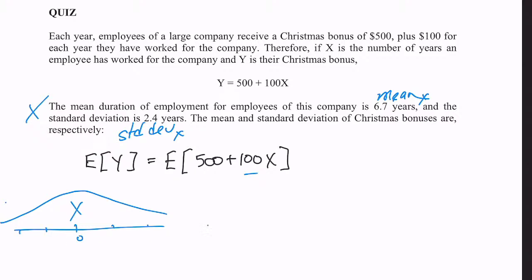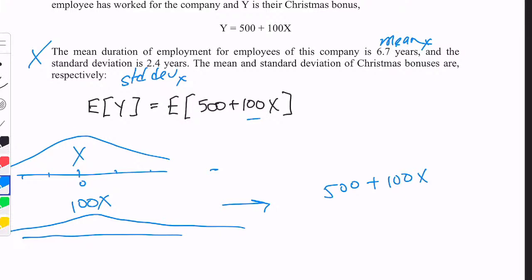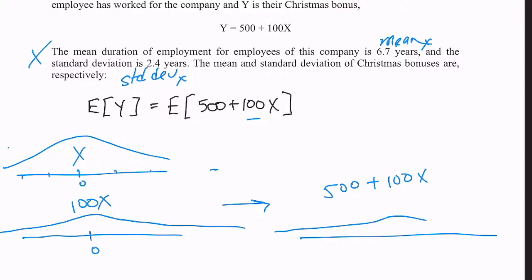That would make it flatter, more spread out, right? Still symmetric, but spread out. That's going to be 100 times x. Now I'm going to add 500 plus 100 times x. What is that going to look like? You can't see. That's going to shift this entirely over. Where this one was at 0, it will shift over. It'll look the same, but it's going to be 500 in the middle.